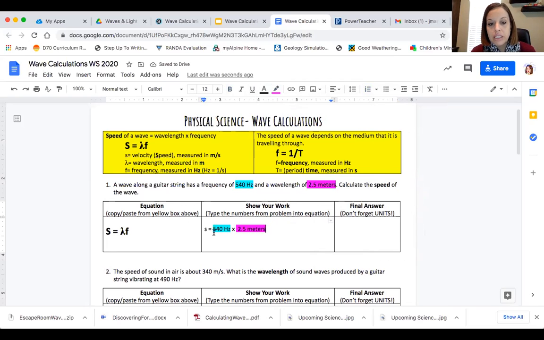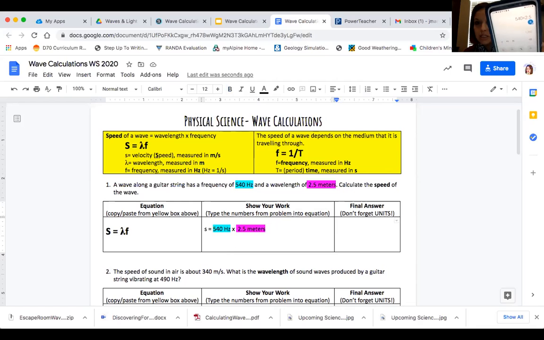Okay, so let me still walk you through the steps, even if it's on your paper. When you go to do this, you're going to do the wavelength times the frequency, and you can even use a calculator, because I'm not concerned whether you know how to do that multiplying. I just want to know that you know how to calculate speed of a wave. Whether you have an actual calculator or if you pull it up on your phone, however you're going to do it, we're going to plug in those numbers, 540 times 2.5, okay?